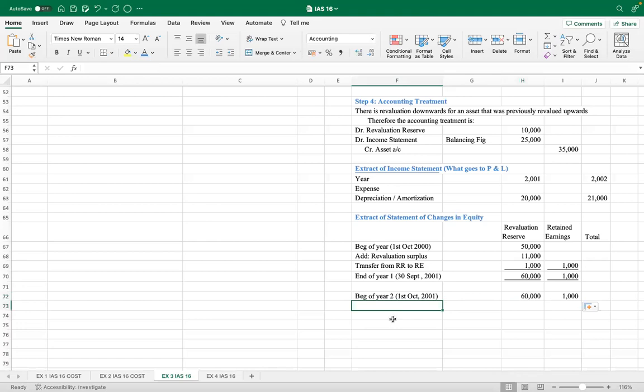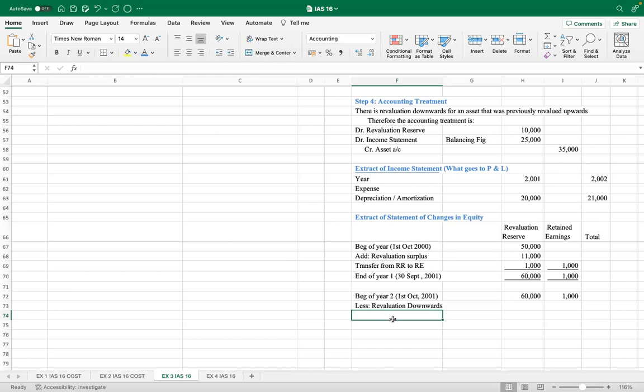Now, there was a revaluation downwards in year two, if we recall. Year two, there was a revaluation downwards.